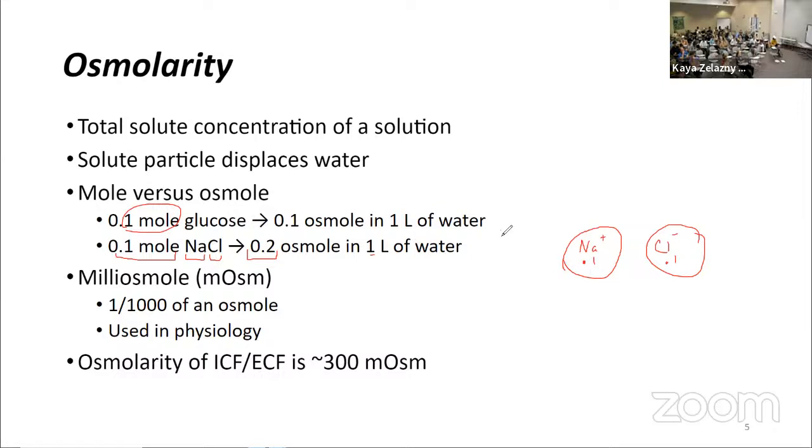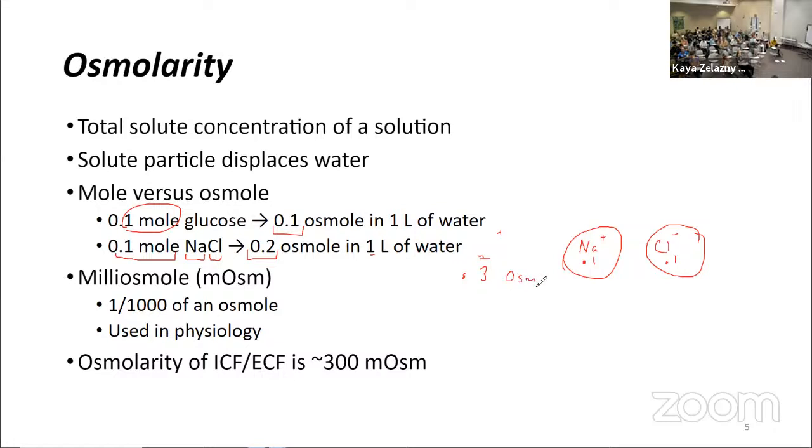So we could just add them together and look at that total osmolarity. So that plus that, giving us a total of 0.3 osmoles.